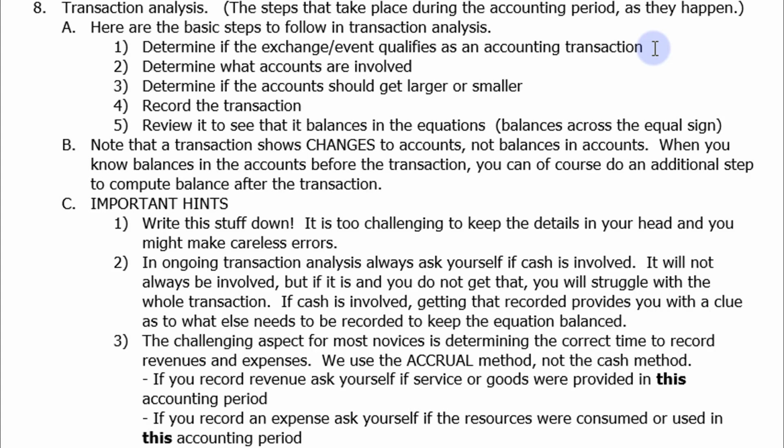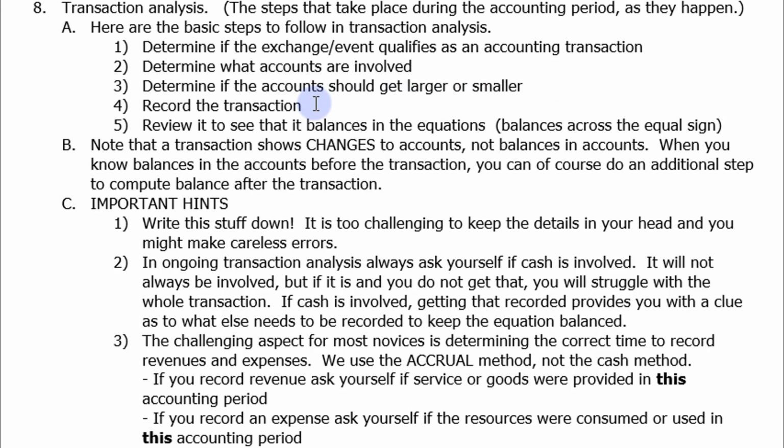If the exchange does qualify as an accounting transaction, and again, that would be most transactions, then you need to record it. The steps are: first ask yourself what accounts are involved. Then ask yourself, should this account be getting larger or smaller? Then assign dollar amounts and record the transaction.